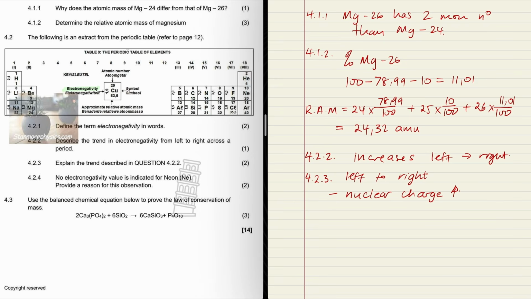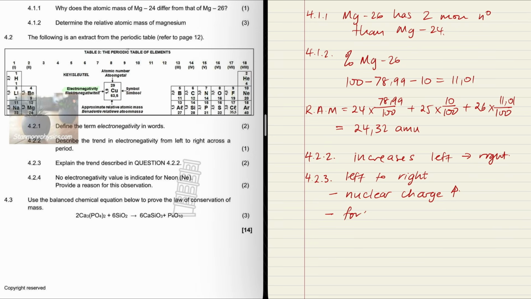That's going to have an effect on the electrons around it, because you have a greater positive charge, and so it's going to attract the electrons around it with a much stronger force.